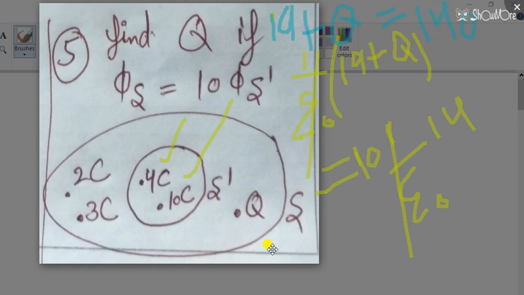So q is equal to, you can get the answer, 121. So 121 will be the answer, 121 coulomb.